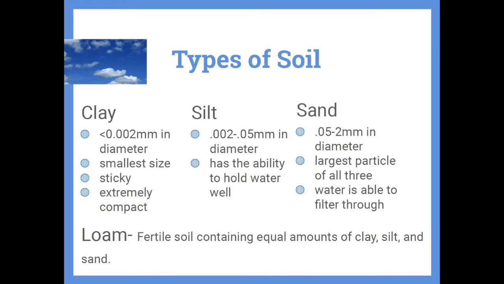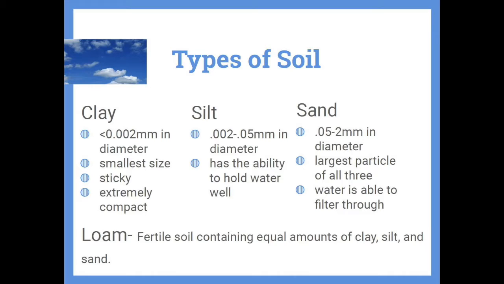The biggest type of soil is sand, which is 0.05 to 2 millimeters in diameter. This is the largest particle between all three types of soil, and water is able to filter through sand really easily, which means that it's very difficult to actually grow any type of vegetation in sand.